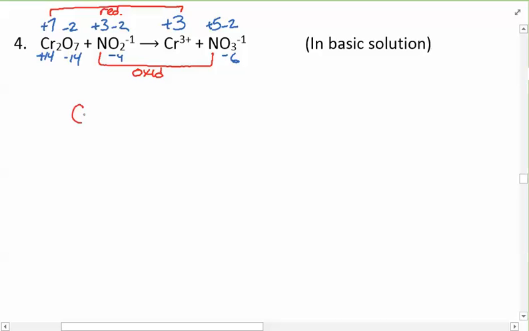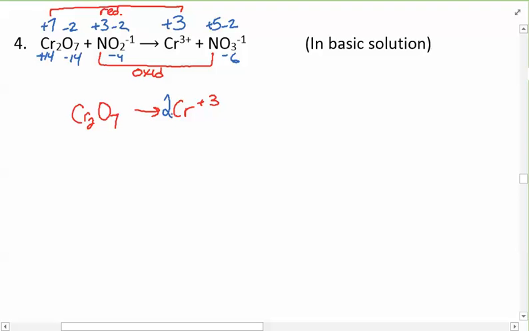So I'm going to do chromium with the oxygen to Cr +3. So first step, making sure everything but O's and H's are balanced. In this case, the chromium is not balanced. So I'm going to add a 2 in front of the chromium.